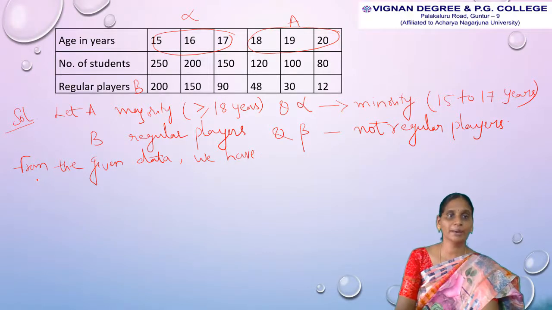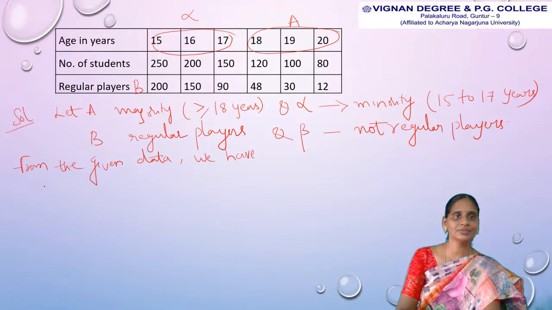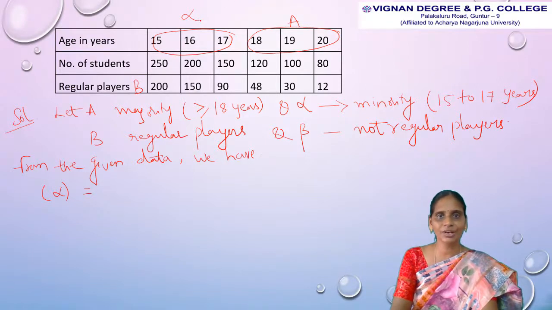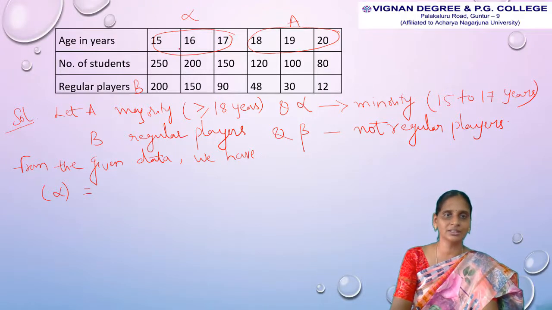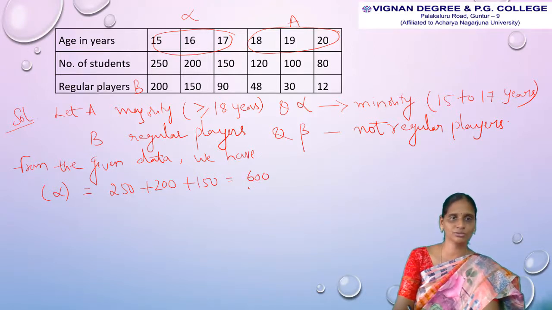So first, the number of minor students, that is frequency of alpha, between the ages 15, 16, 17 years. The corresponding students are 250, 200 plus 150. So those are totally 600 minor students.